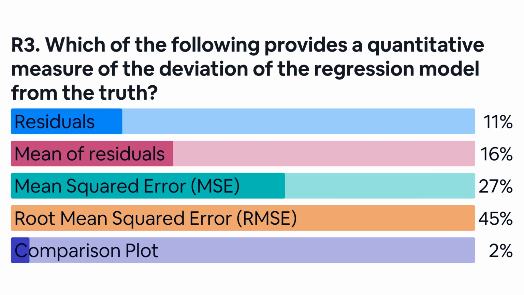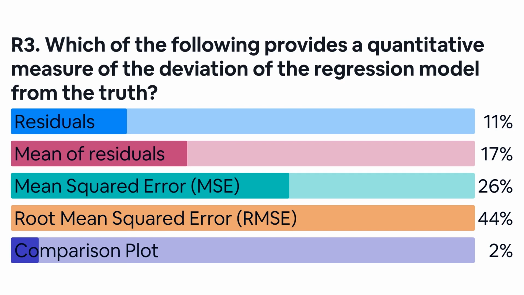Root mean squared only brings it back to the magnitude of the residuals. So mean squared error kind of amplifies it a little bit. But it still is a quantitative measure of the deviation, right? And the residual itself definitely is also letting us know how far it is deviating. Mean of the residuals, not so much.